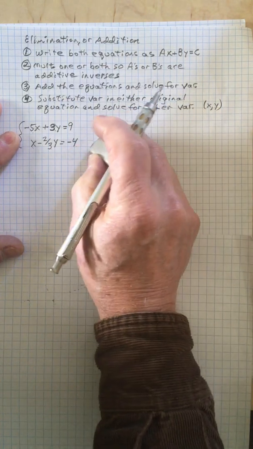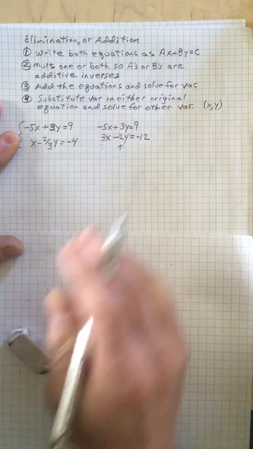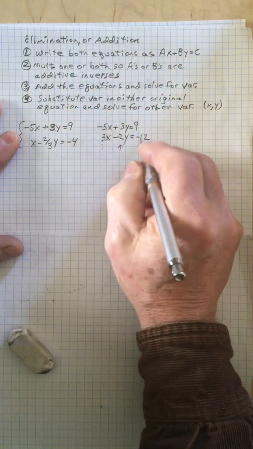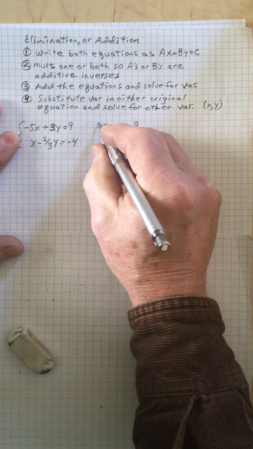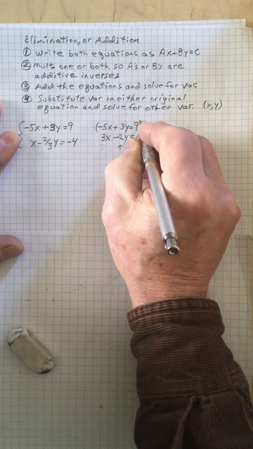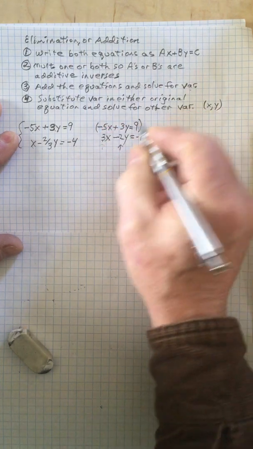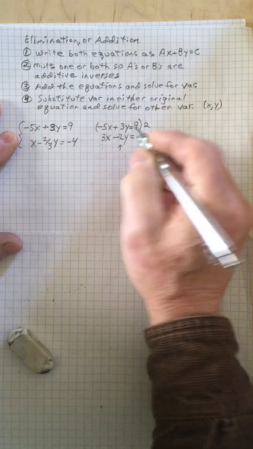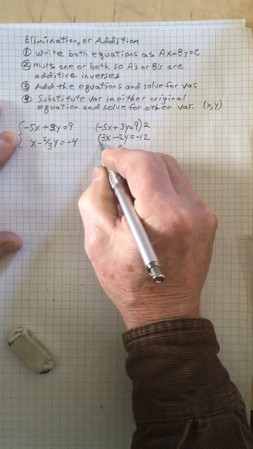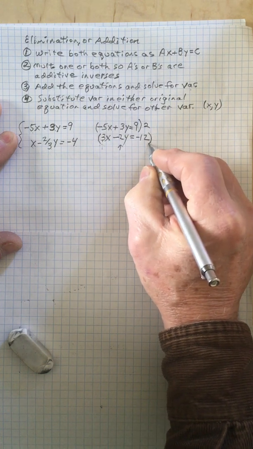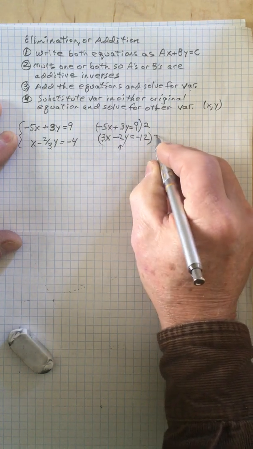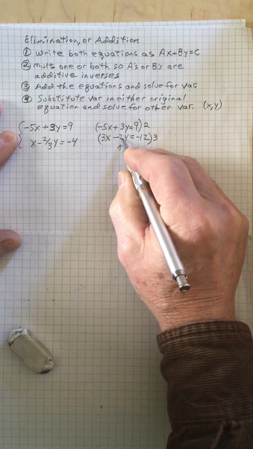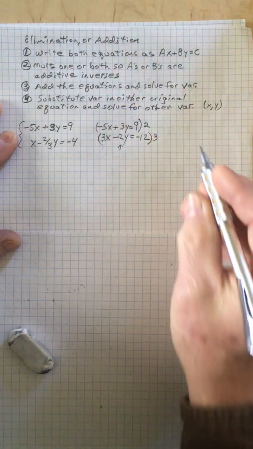Again, personal preference, doesn't matter. I like smaller numbers, so I'm going to go ahead and do it here. So what you're doing is this. I'm multiplying this entire equation by 2 because I want a 6 here. I'm going to multiply this entire equation by 3 because I want a minus 6 here. That way the y's will cancel.